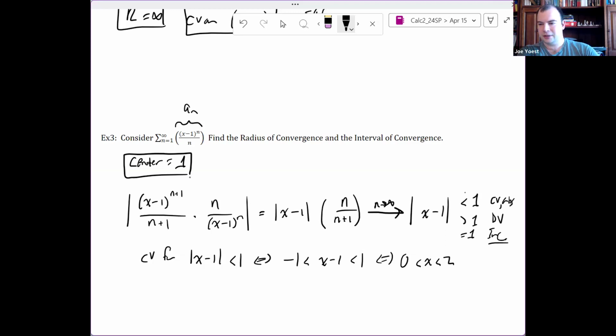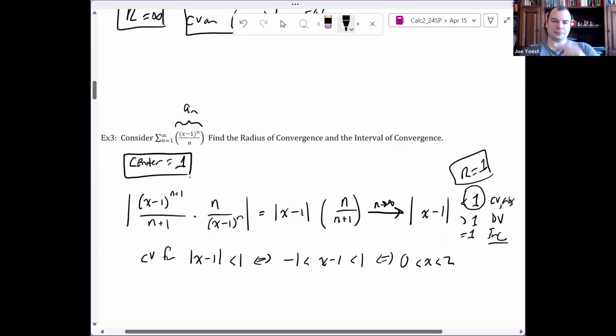Right, we had a radius of convergence of 1 around the center of 1. So we converge from 1 minus 1 to 1 plus 1, or from 0 to 2.